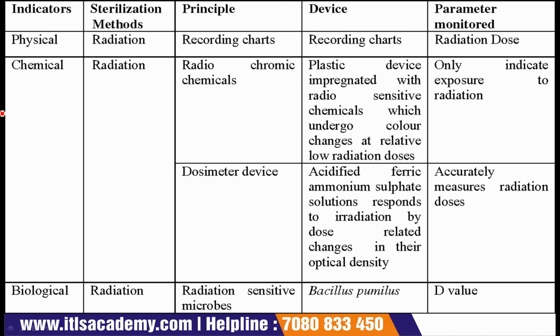Here you can see a list of some types of indicators, their sterilization methods, principles, and devices. Let's see all of these one by one. In the first column there is indicator, then sterilization methods, principle, device and parameter monitored.